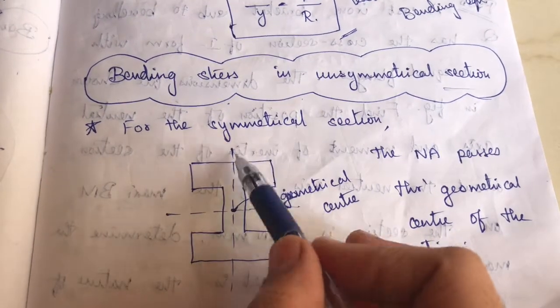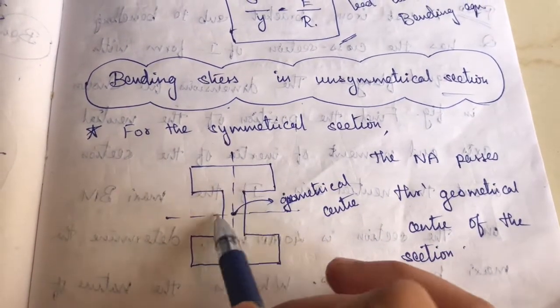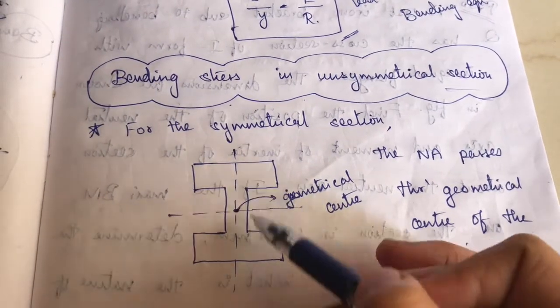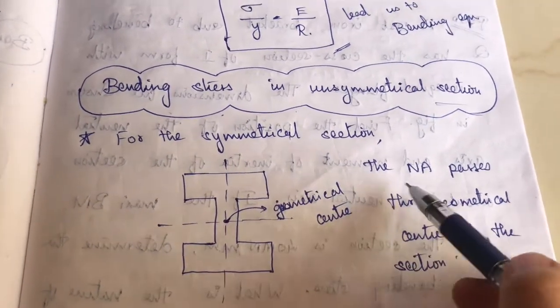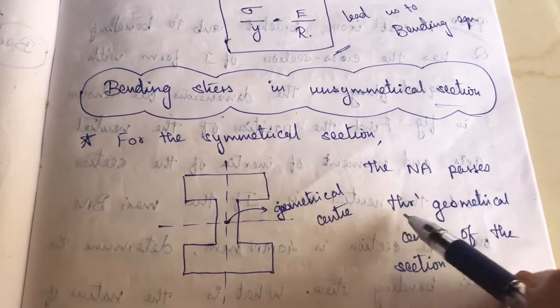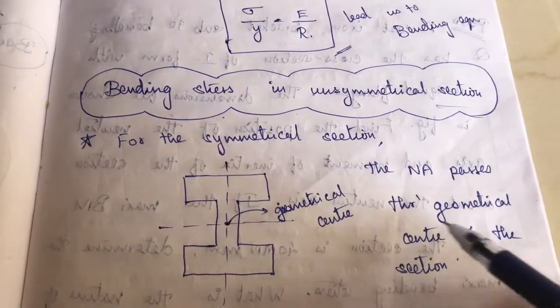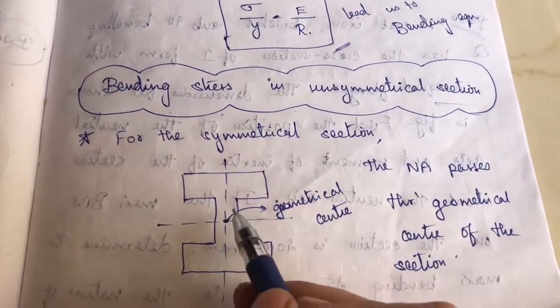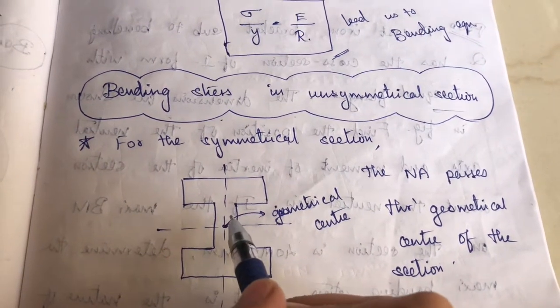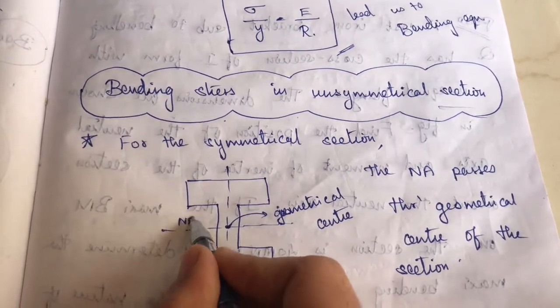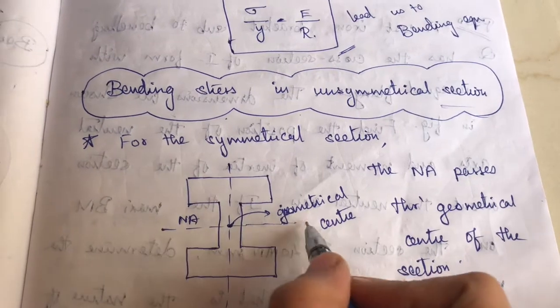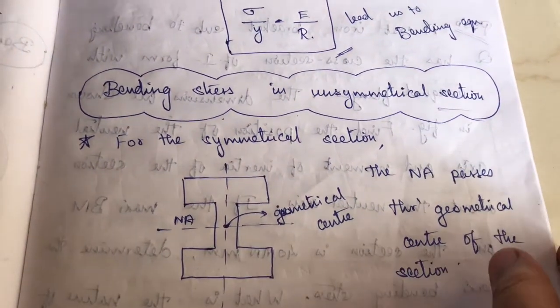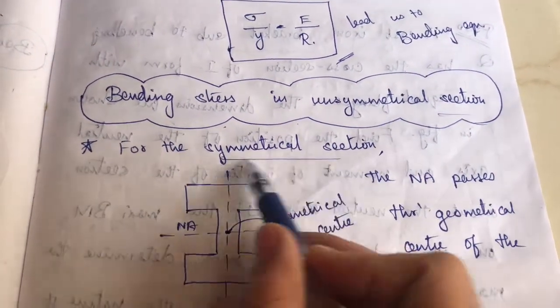It is symmetrical about the y axis and also about the x axis. So the neutral axis passes through the geometrical center of the section. So the neutral axis NA of this section passes through the geometrical center. So this is a symmetrical section.